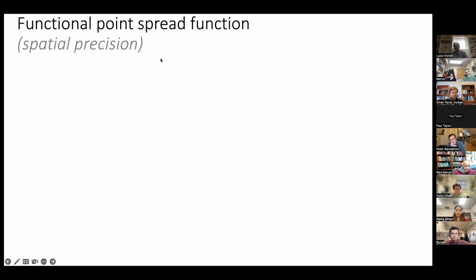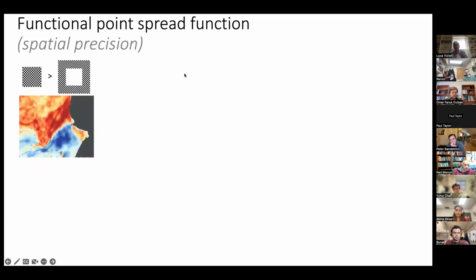So to do that, we computed a functional point spread measurement. We turned again to the retinotopic properties of V1. And we computed the target larger than surround contrast, like here. So what I'm showing here in the inset is just a flattened representation of the visual cortex. In red, we have the activation to target, and in blue, the surround.